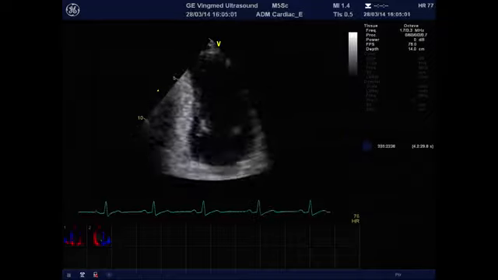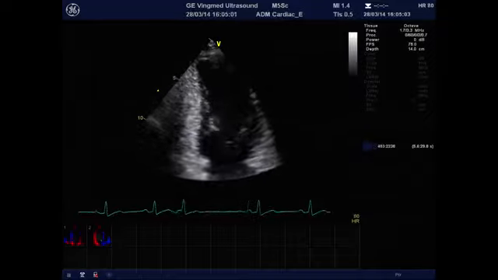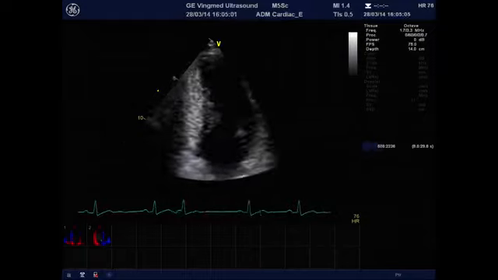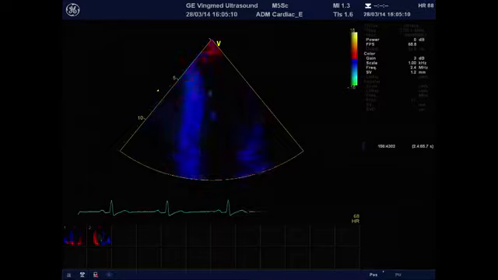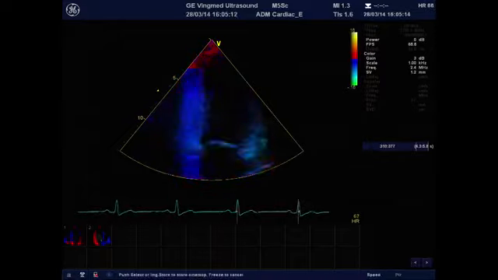Finally, the 2-chamber view. Stop breathing, please. And we're done.